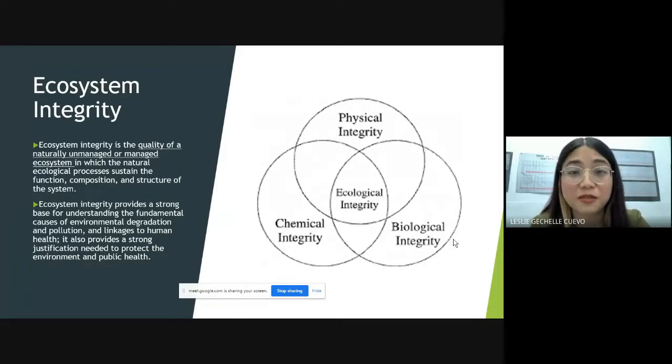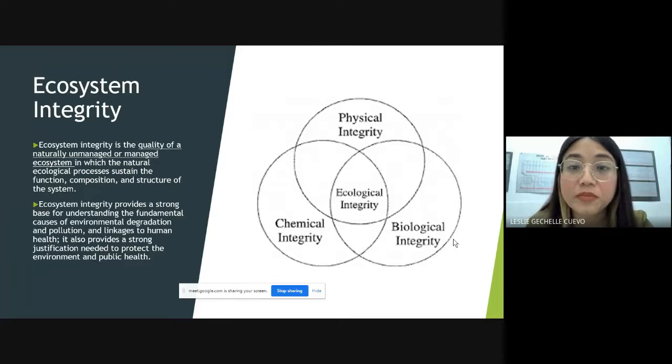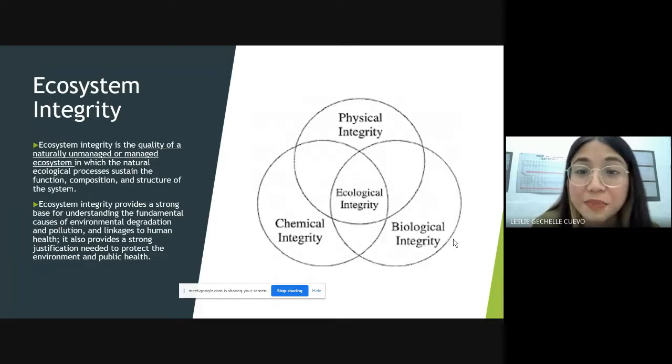From the term itself, integrity nga, pagiging matatag ng isang, well, in this sense, ecosystem. Kumbaga, hindi nila kailangan ng, sabihin natin, tulong from man para ma-build up sila. Because yun na nga, integrity ng natural na ecosystem.